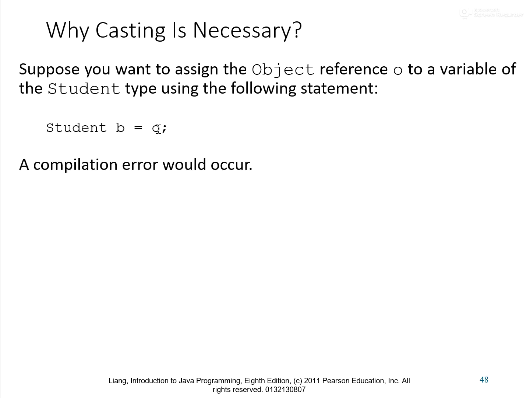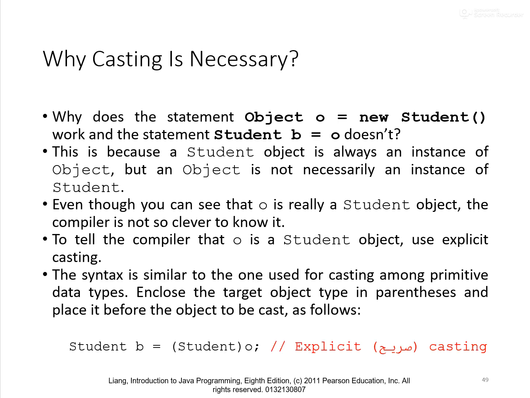But if we want to cast this object reference o back, or copy that to a Student object like this, you would get a compiler error. This doesn't mean that there's no way out of this. If you know that this reference to an object is actually a Student, you can say so, with another type of casting, explicit casting, like this.